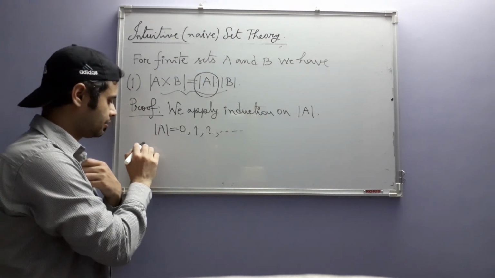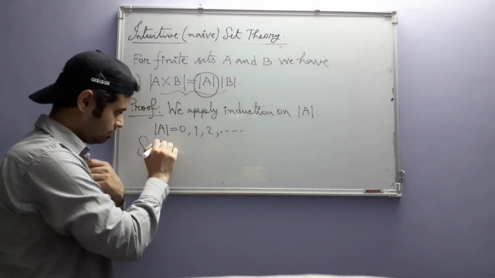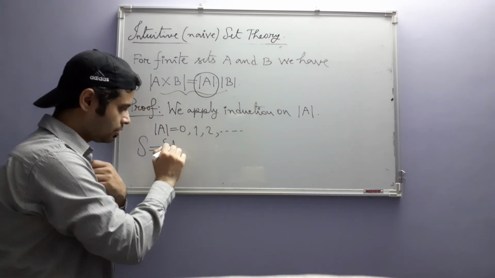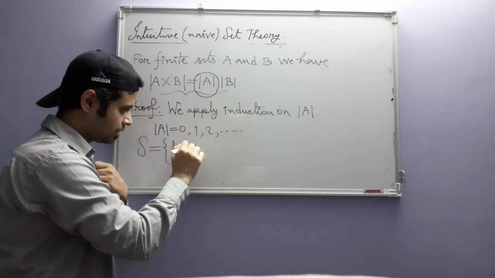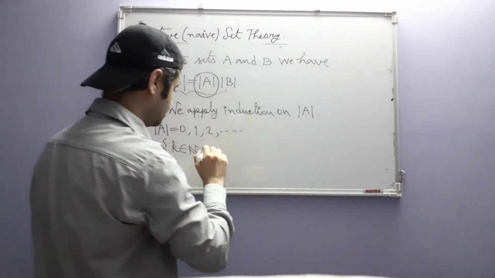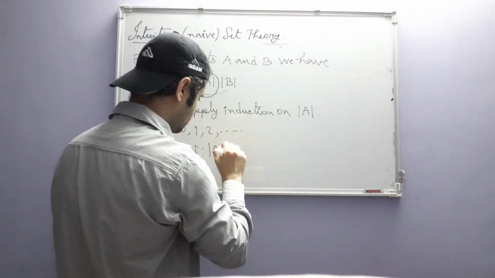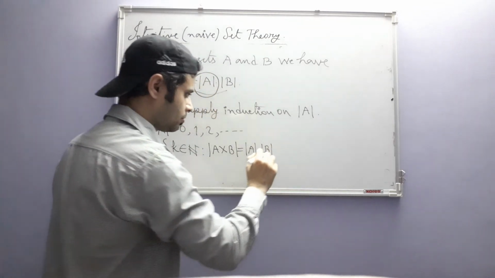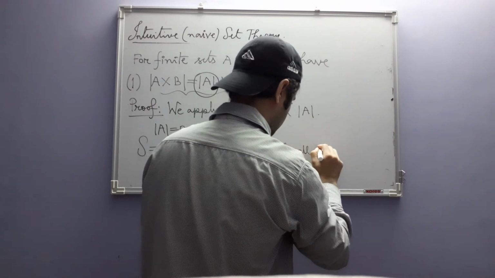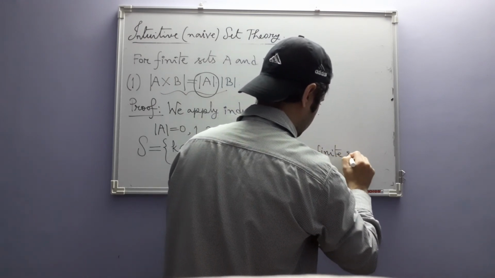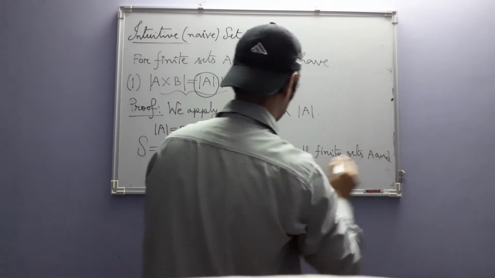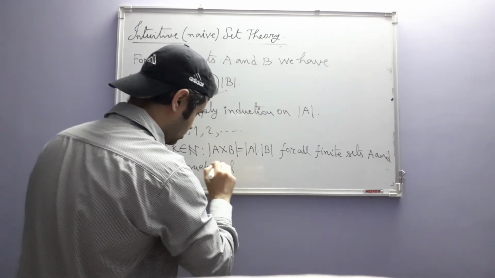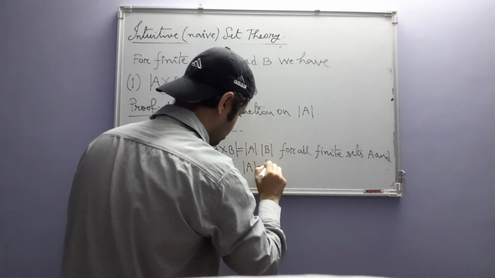We consider a set S. What is S? S is the set of those natural numbers k such that for all finite sets A and B such that cardinality of A is equal to k, this is true.